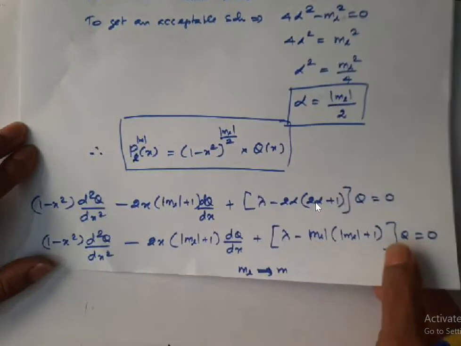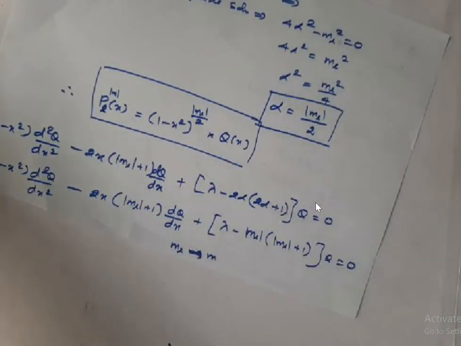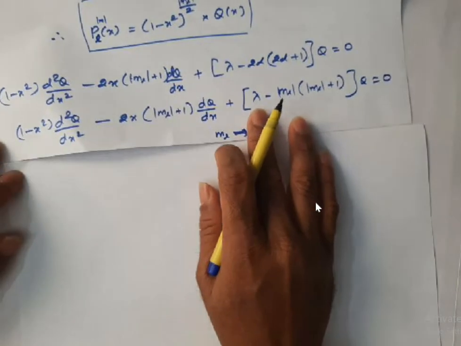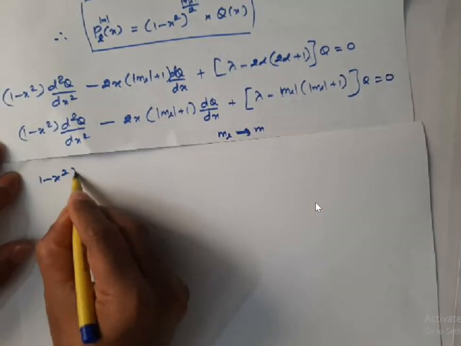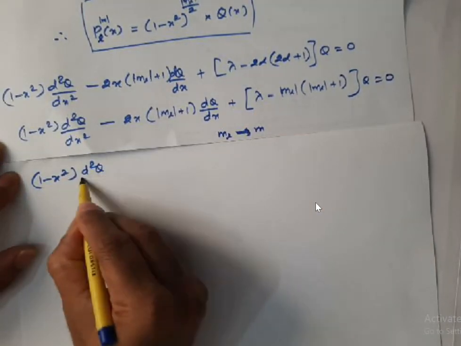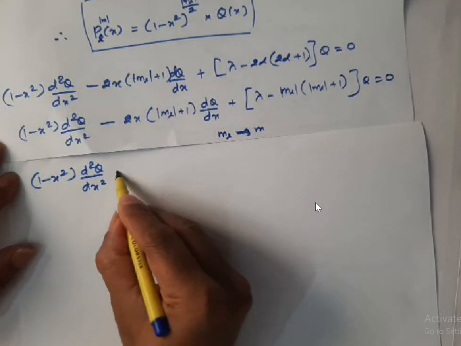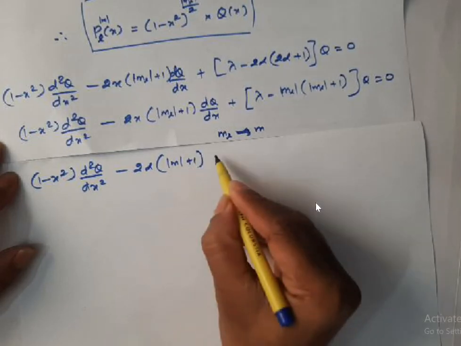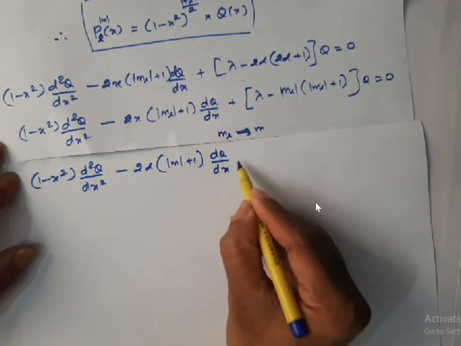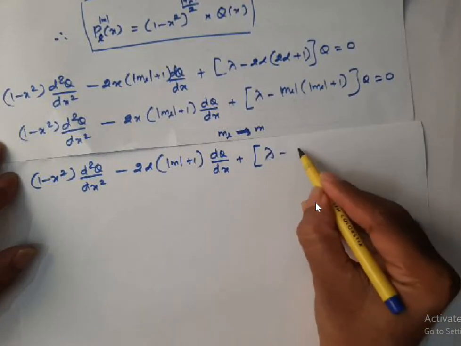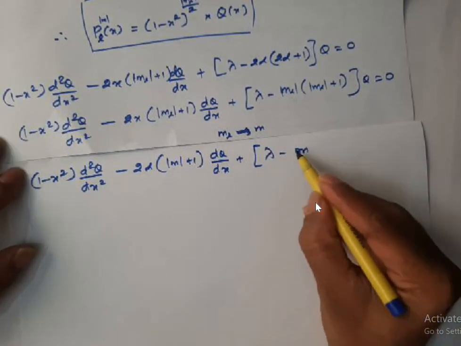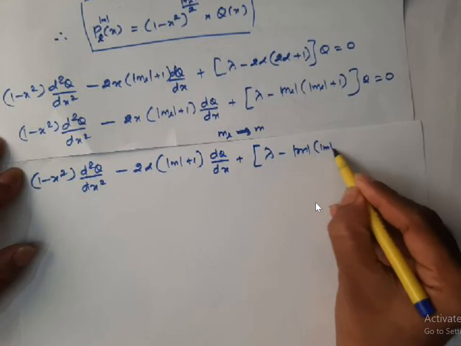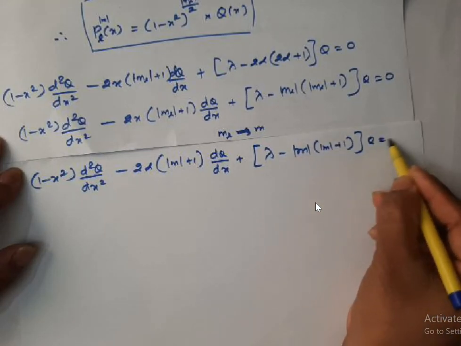So this equation now becomes 1 minus x square into d square q by dx square minus 2 into modulus of m plus 1 into dq by dx plus lambda minus modulus of m into modulus of m plus 1 into q equal to 0.